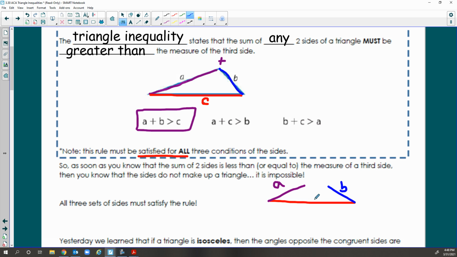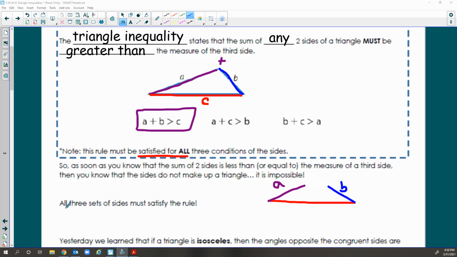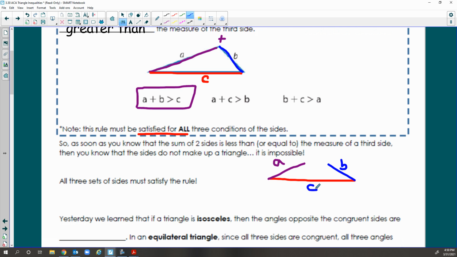We'd have some very weird, bizarre shape. In this case, A plus B would not be bigger than side C. All three sets must satisfy the rule. If I did C down here on the bottom plus A, of course it's going to be bigger than B. It would work for two of them, but it wouldn't work for the one that's the most important. So I always assign the longest side to be C.